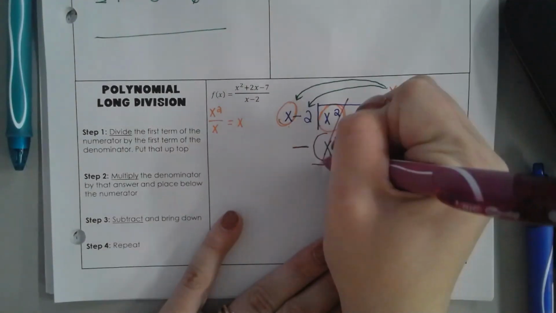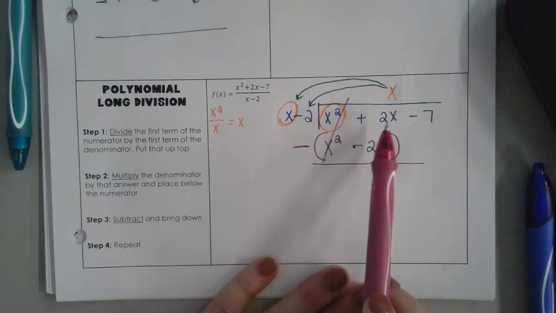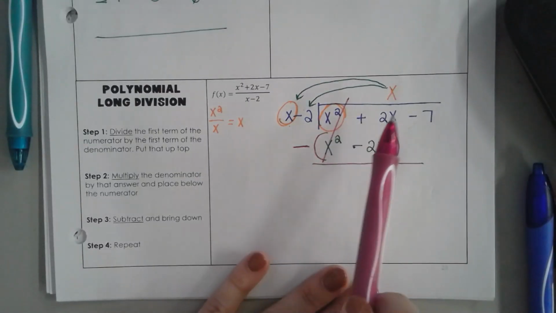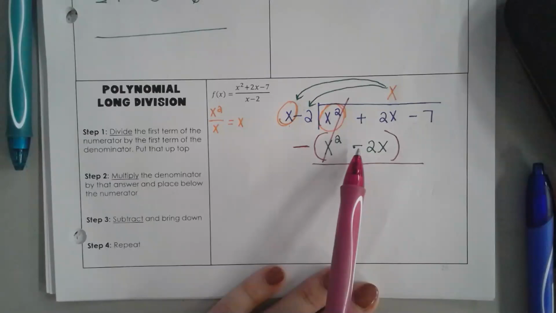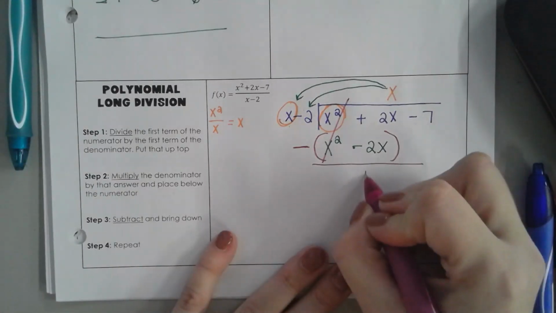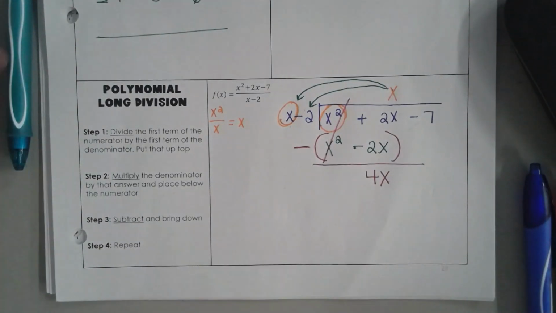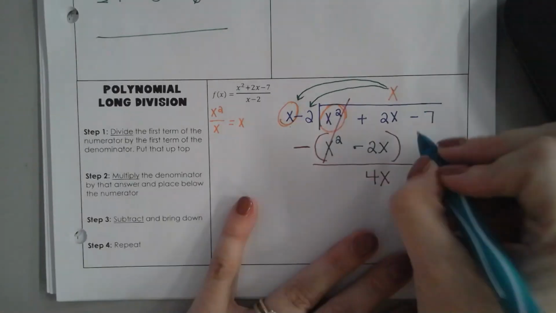Those cancel. That's what should happen. Your first one should always cancel. And then, what's 2x minus negative 2x? 4x. Okay, so we subtracted and then bring down.